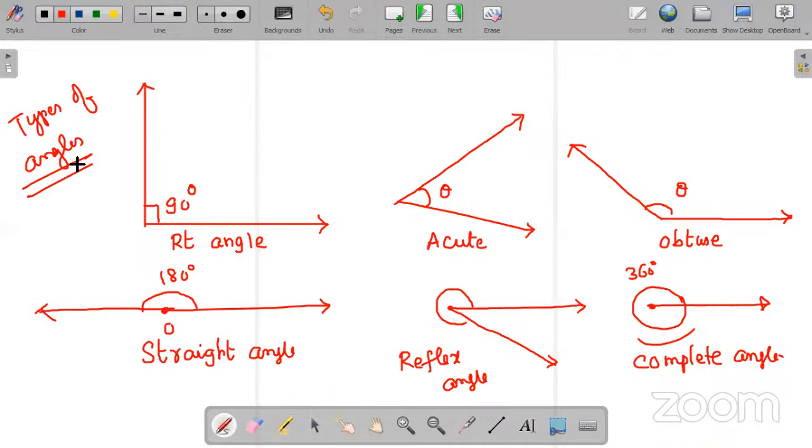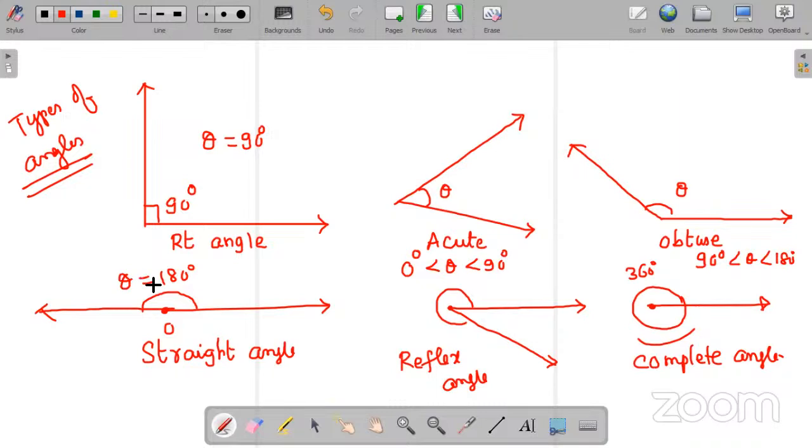Did you get it? Yes or no? Have you got an idea? Very good. So we can write this like this also. Here theta is equal to 90 degrees. Here we can write 0 degrees less than theta, theta less than 90 degrees. Here 90 degrees less than theta, theta less than 180.